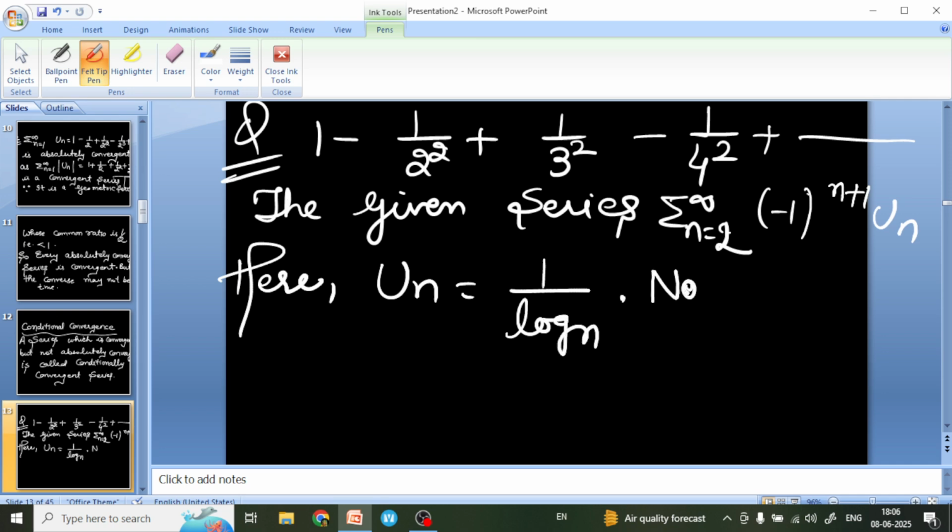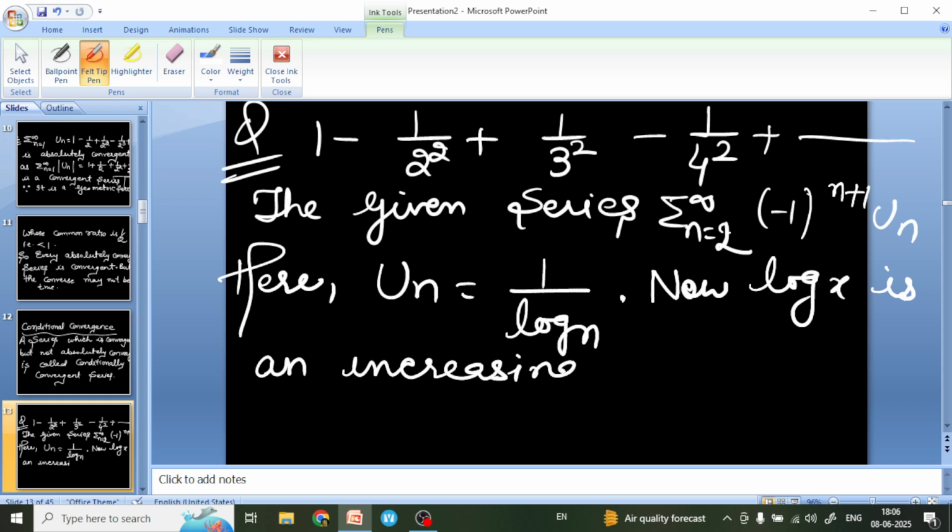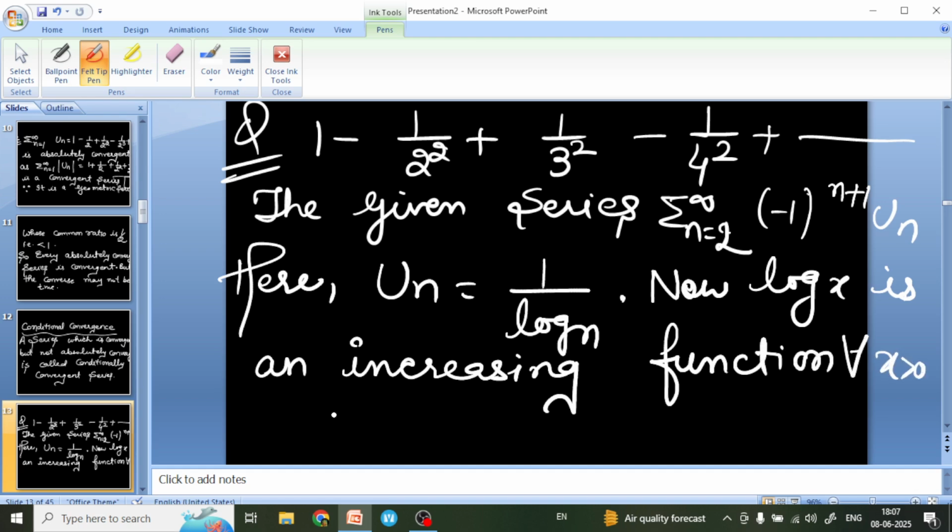Now log x is an increasing function for all x greater than 0.